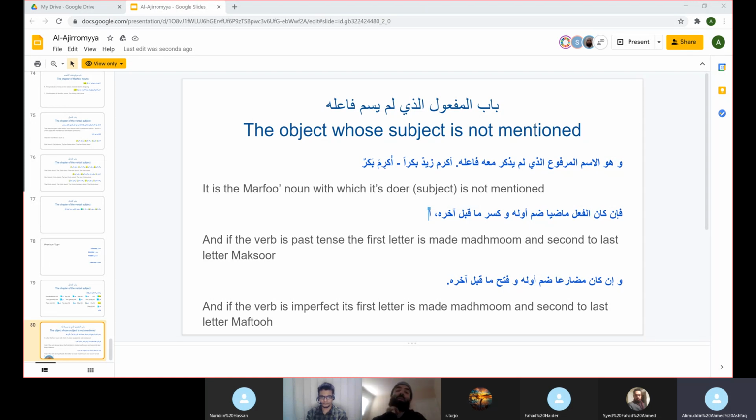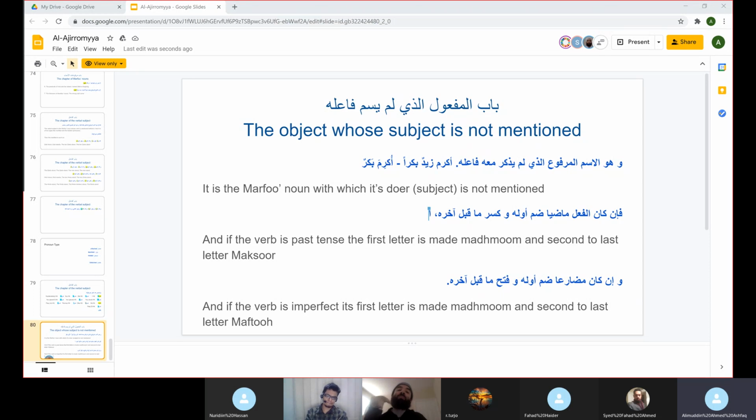So: فإن كان الفعل ماضيا ضم أوله وكسر ما قبل آخره. So how do we know whether this is an object whose subject is not mentioned? We look at the verb itself. Has the form of the verb changed? Meaning, have the diacritics on the verbs changed, or have they remained the same?